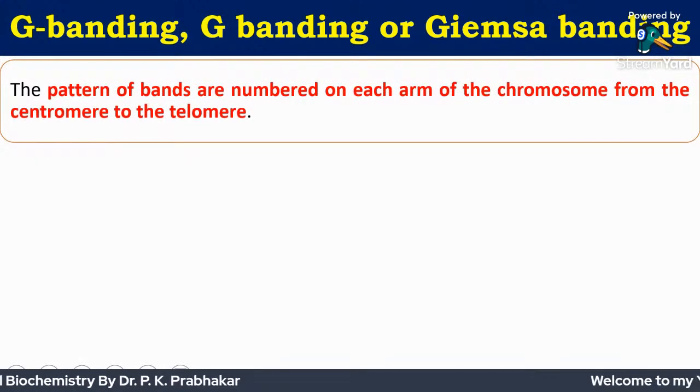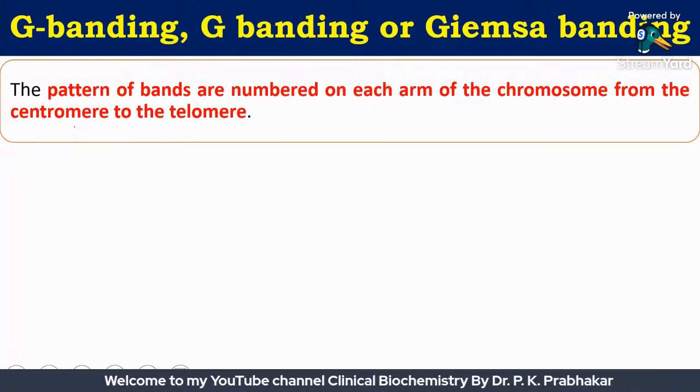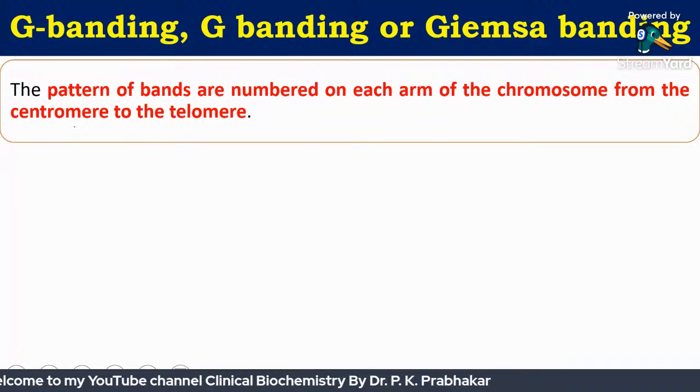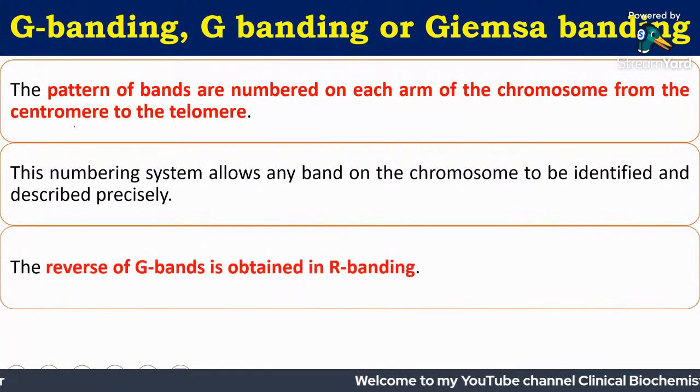The bands are numbered on each arm of the chromosome from the centromere to the telomere. So counting starts from the centromere and moves toward the terminal end of the chromosome. This numbering system allows any band on the chromosome to be identified and described precisely.